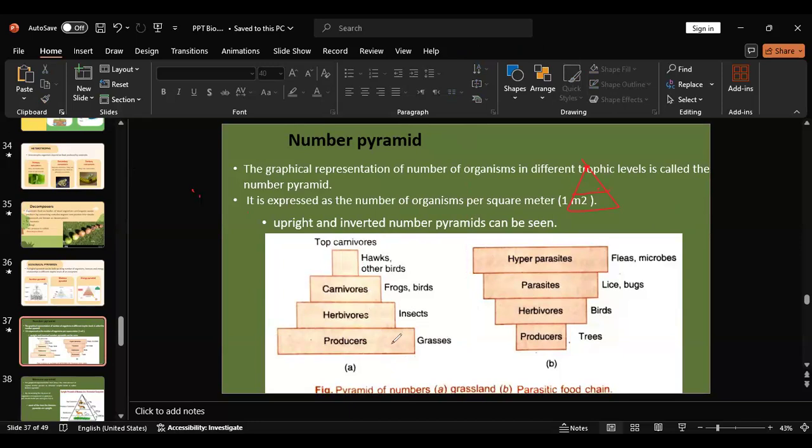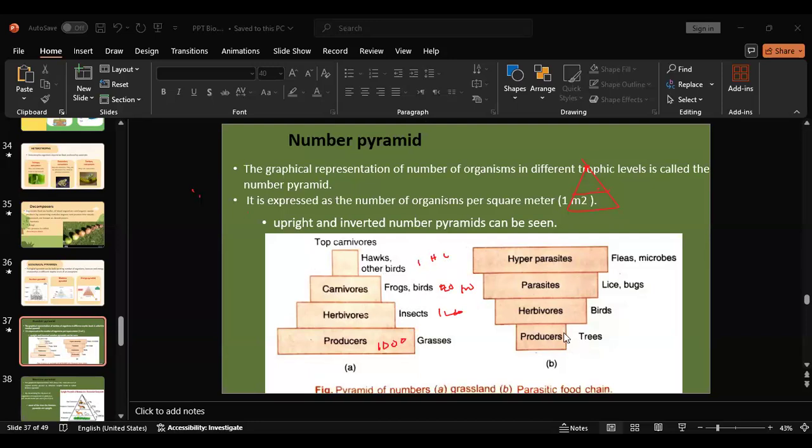Then they feed 100 grasshoppers, and those 100 grasshoppers are consumed by 20 frogs. These 20 frogs are consumed by one or two hawks, like that. That will be the natural linear one. So if you draw the pyramid, this will become an upright pyramid.